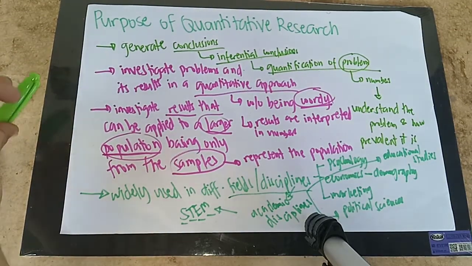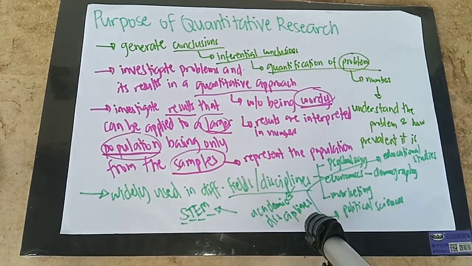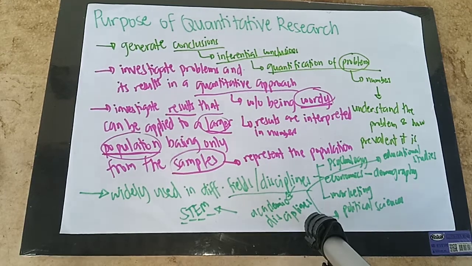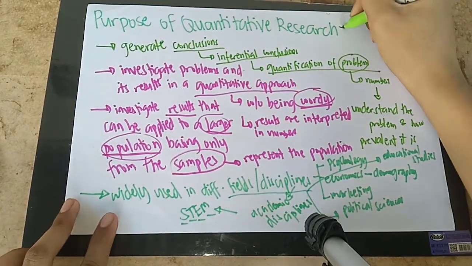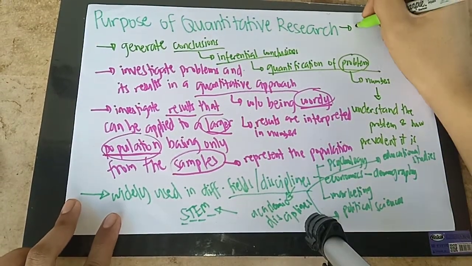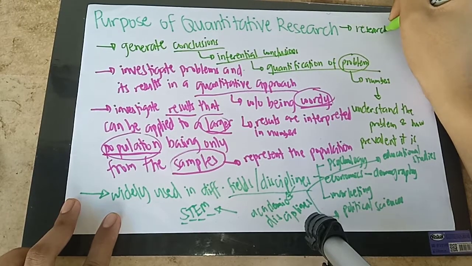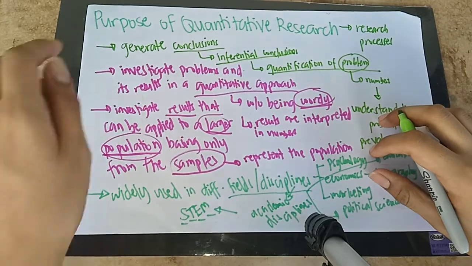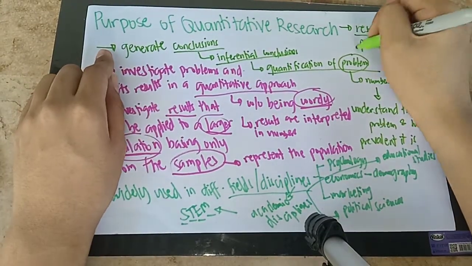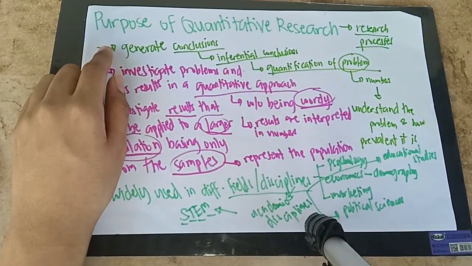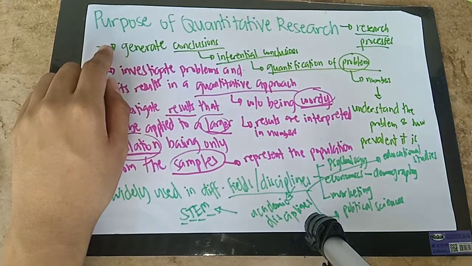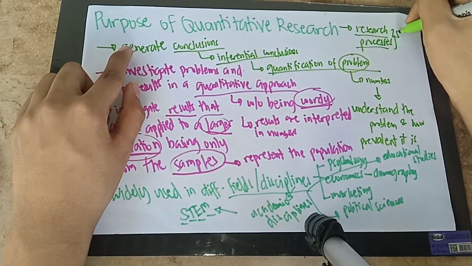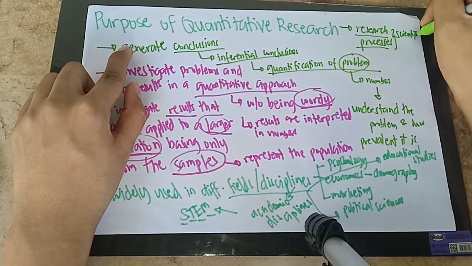And lastly, another purpose of quantitative research is to showcase the basic procedure of the research processes. And what are these research processes? Once more, these research processes pertain to the scientific method.